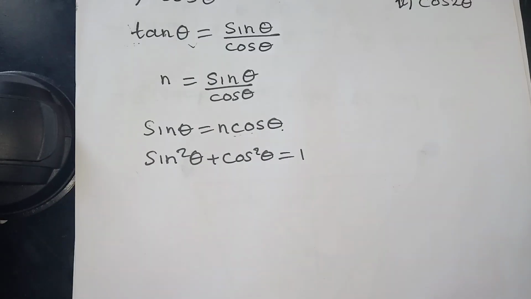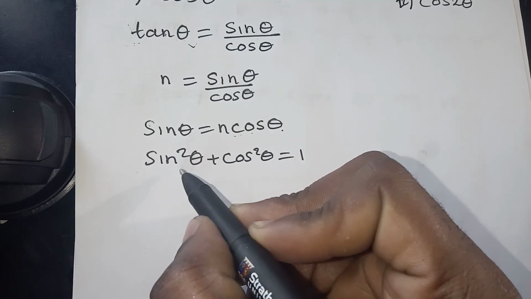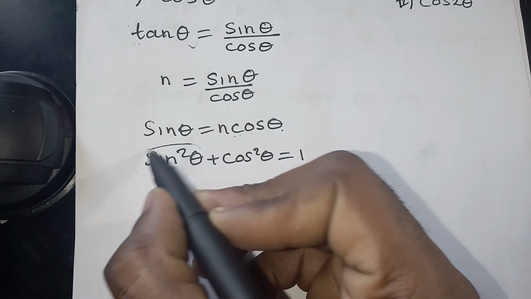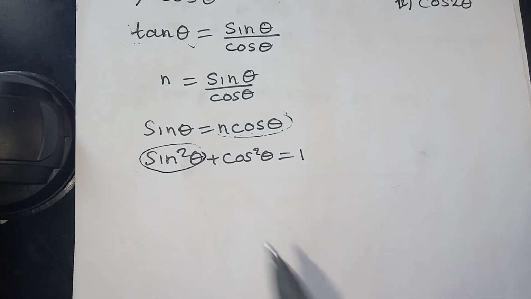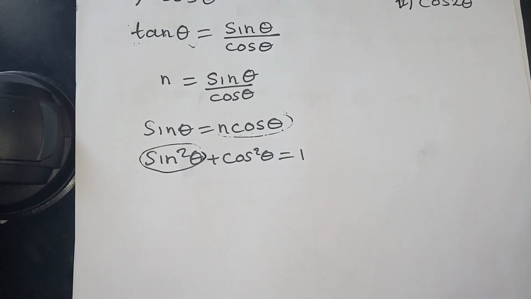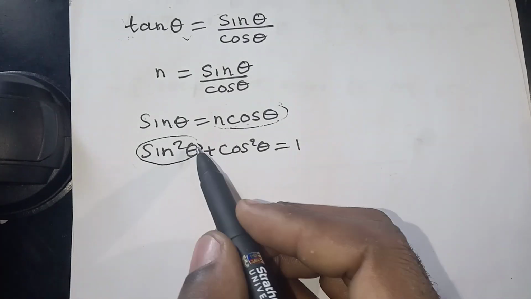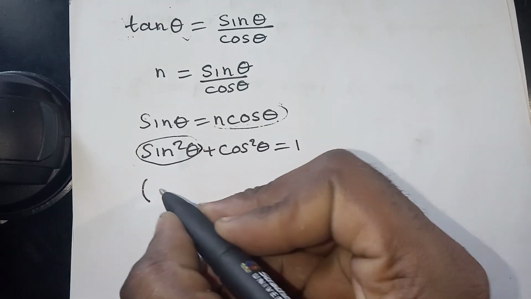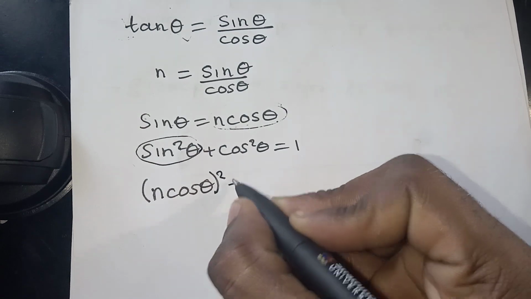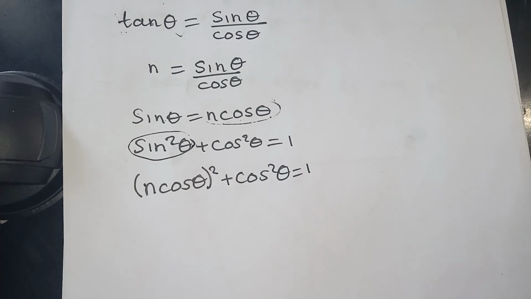So perhaps even without changing the subject of the formula, I can just substitute this part with this. Since my job here is to eliminate the sine so that I just remain with a cosine. Remember, we are trying to find cos theta. So where there is sine squared theta, I'm going to put n cos theta. Of course, there is a square there, plus cos squared theta, and this must be equal to 1.